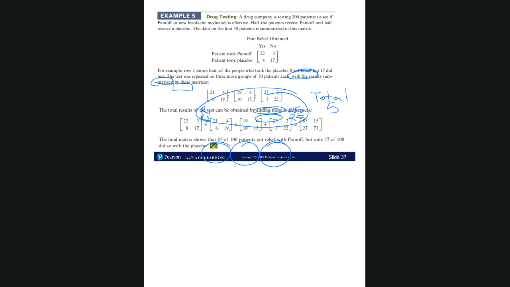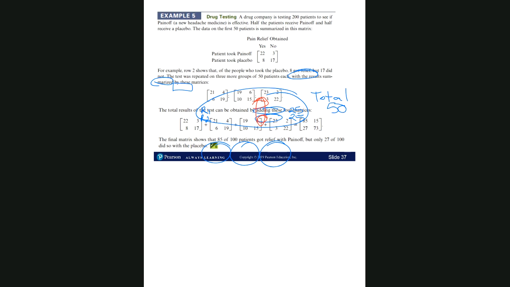Now, if we look at the columns, so now vertically, out of the patients who took the Pain Off medication, 22 reported yes, that they had obtained pain relief. And out of the patients who took the placebo, 8 of them reported yes, that they had obtained pain relief.